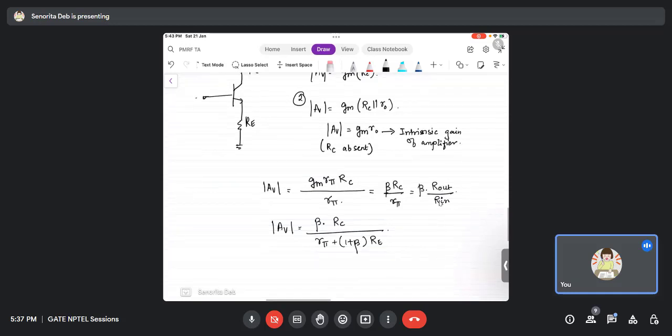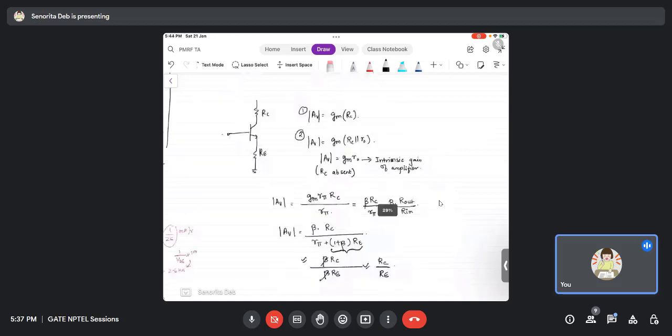Now you approximate: this 1 plus beta RE will be much higher than R pi. Whenever beta is multiplied into something, it automatically becomes high. So this is approximately equal to beta RE. 1 plus beta is approximately beta; beta is 100, so 1 plus 100 is 101, approximately 100. So now you see what it is: RC by RE.